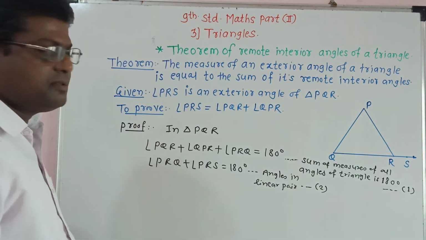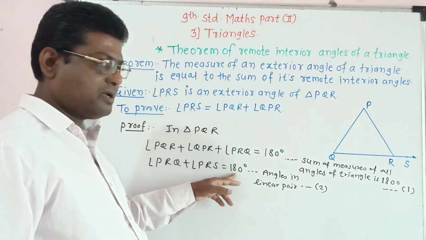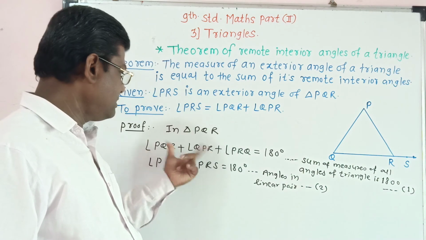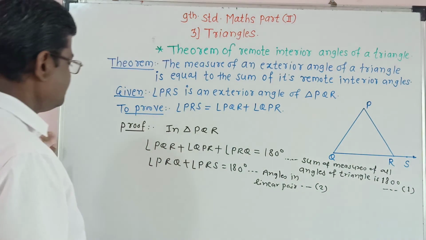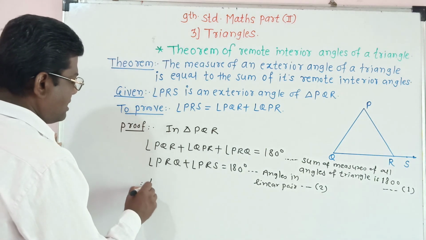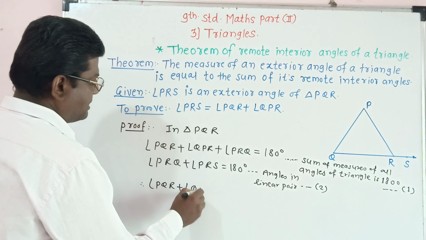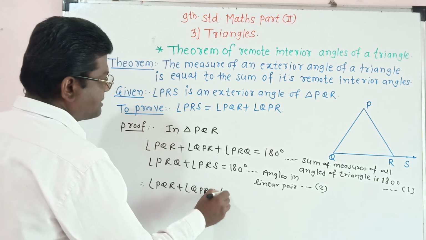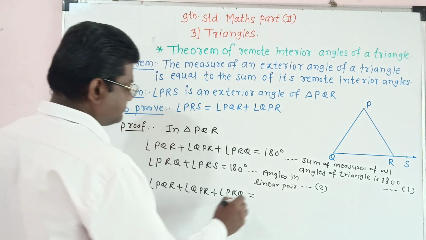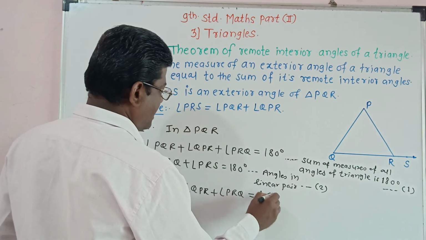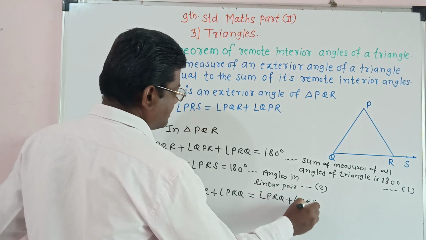From equations 1 and 2, it is clear that the right sides are equal, therefore the left sides are also equal. Therefore angle PQR plus angle QPR plus angle PRQ is equal to angle PRQ plus angle PRS.